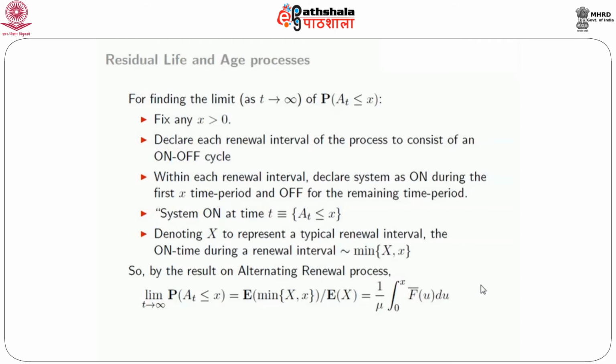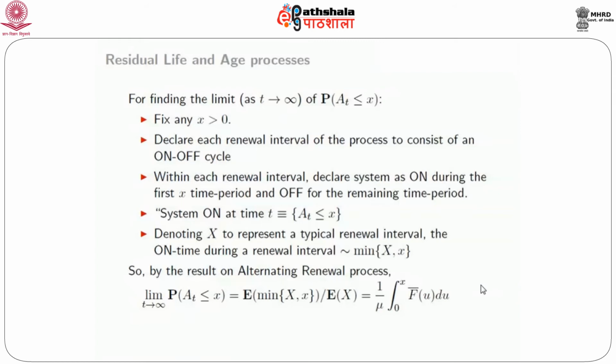And by what we have proved, the expected value of the on time, which is the expectation of Z with distribution minimum of X and x, divided by the expectation of the total renewal cycle, which of course is nothing but E[X].